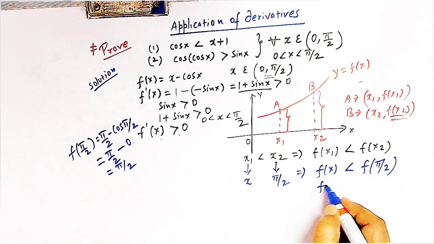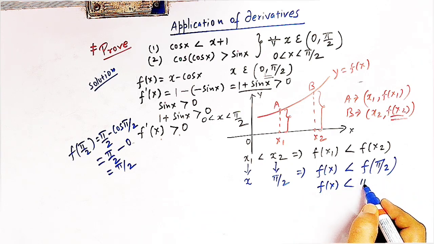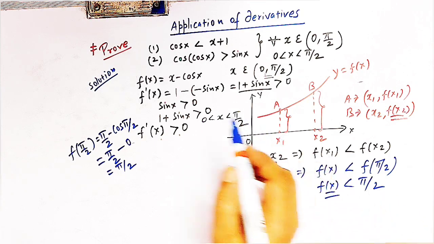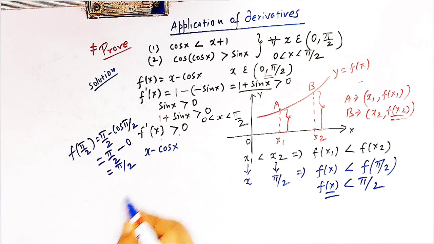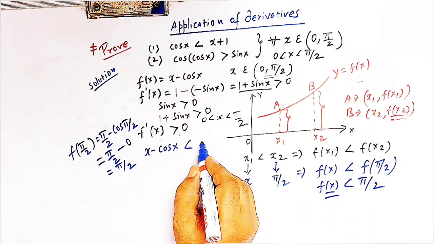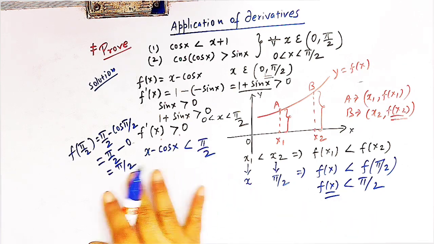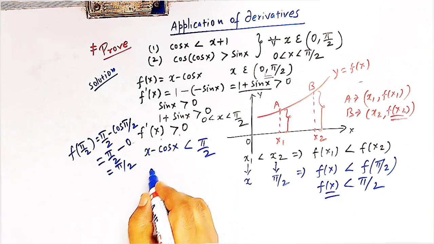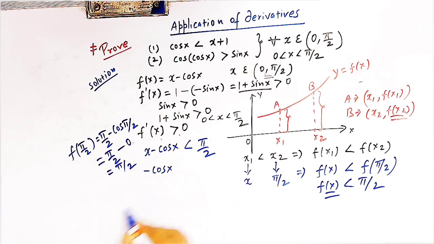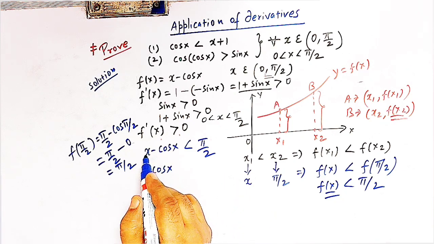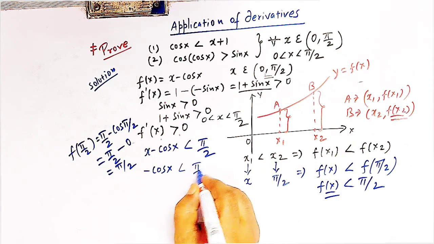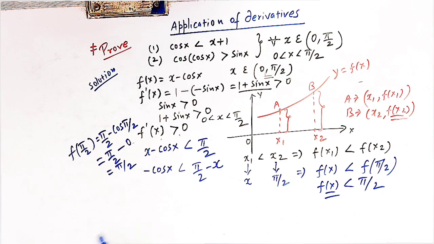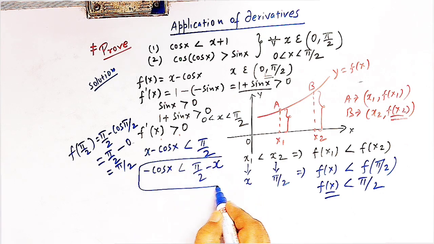So we can now write f of x is less than pi by 2. Now f of x can be replaced by x minus cos of x, and here we have less than pi by 2. So let us rearrange the terms. So we can now write minus cos x, and we can take this x to the right hand side. We have pi by 2 minus x. So now we have this important inequality.